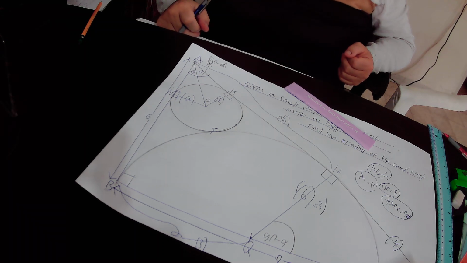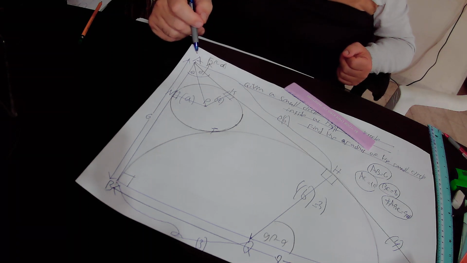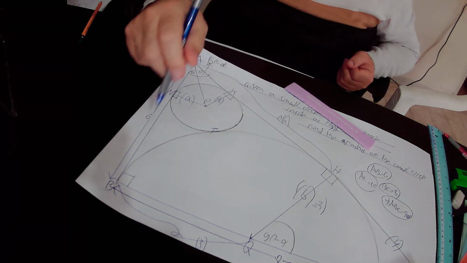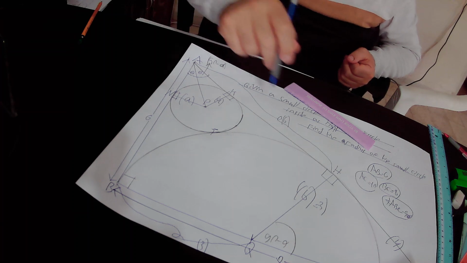We will continue to focus on this common point A. From this common point A, we have two tangents towards the big semicircle. We have tangent AB and tangent AH.